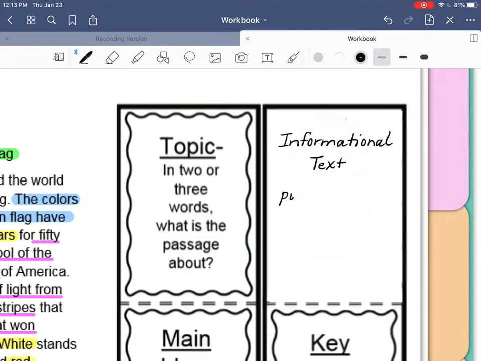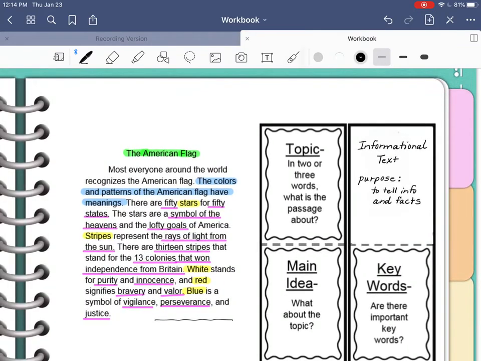So the purpose is to tell me information and facts. A lot of reading tests will ask you questions about the author's purpose. So this is helping us get ready for those. And this is the one thing that's not highlighted. This one refers to the overall, all of the colors combined help me figure out the structure of the passage.